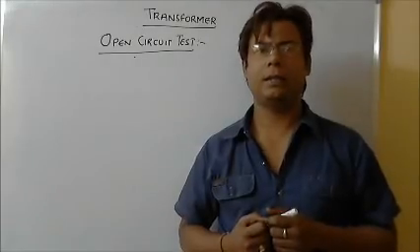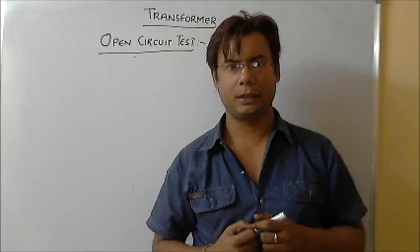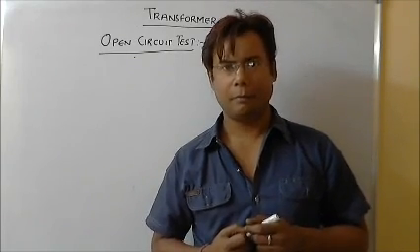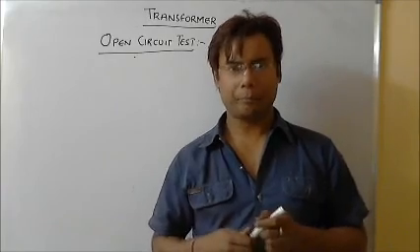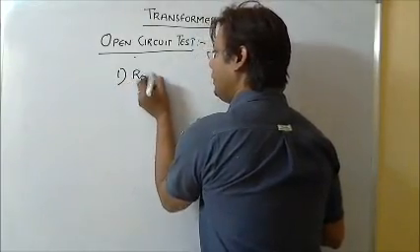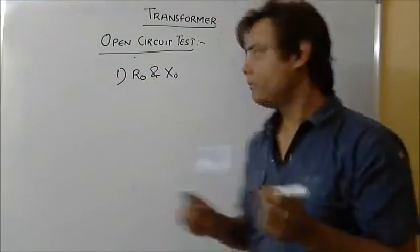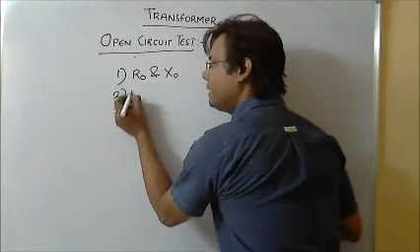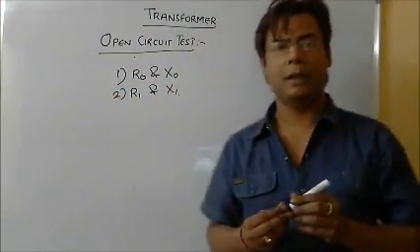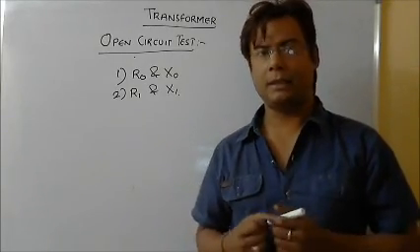Basically, two tests are performed on transformers. One is the open circuit test and another is the short circuit test. These tests are performed on a transformer to determine, first of all, R0 and X0, which are the shunt branch parameters. Second, R1 and X1, which are the equivalent resistance and reactance from the primary side or the secondary side, whatever.